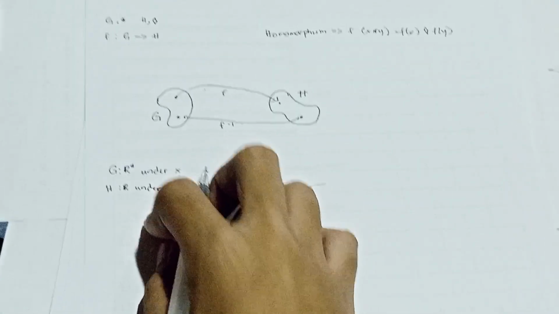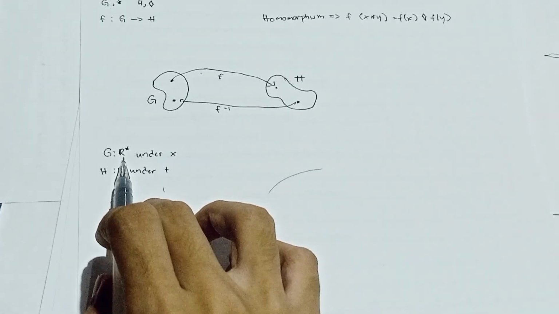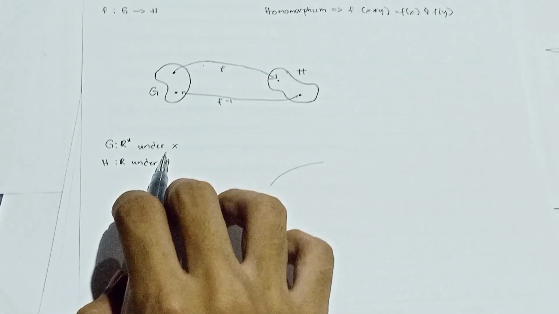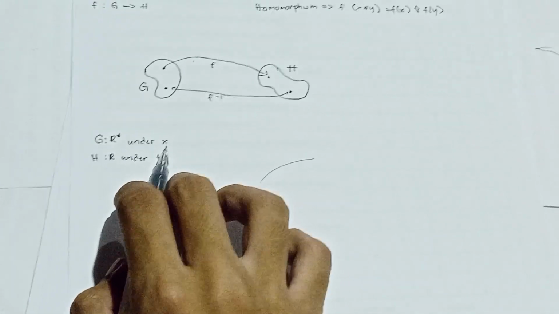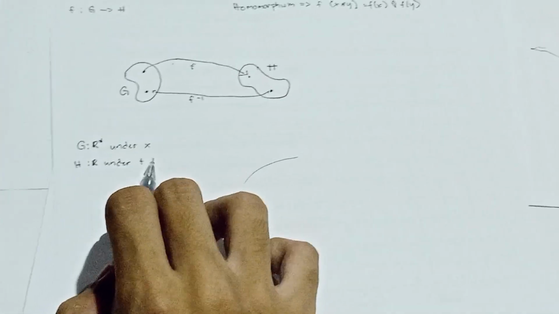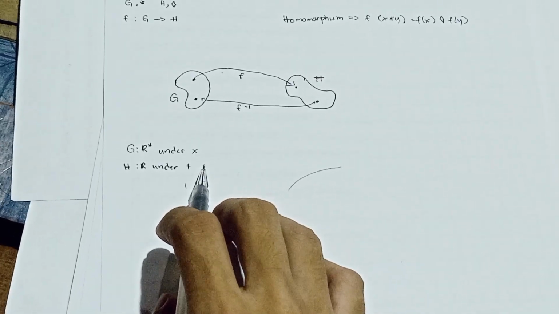So, our first example, consider the groups of the positive real numbers under multiplication and all real numbers under addition. One homomorphism between them is the logarithm function.